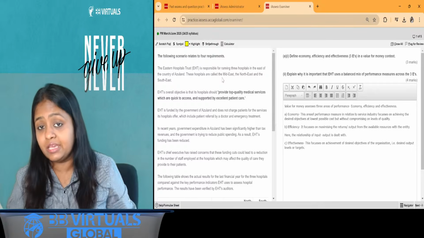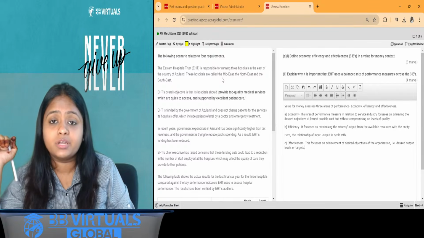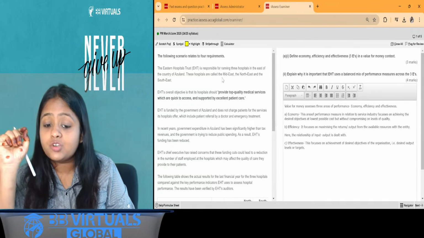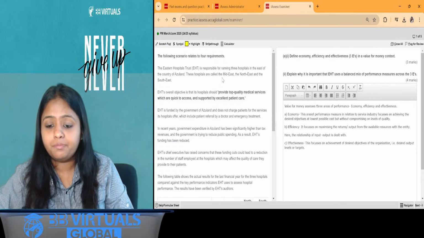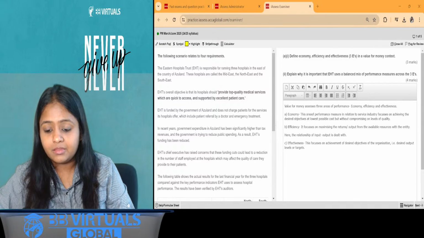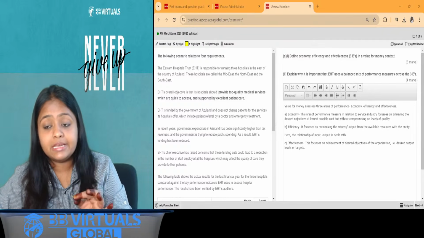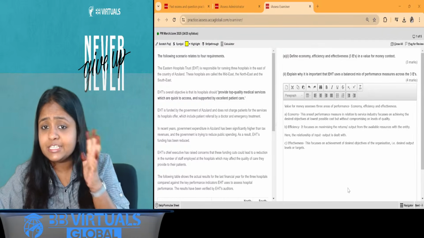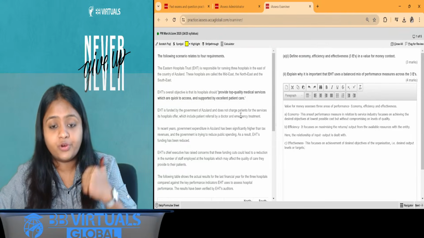That means, just see, for effectiveness we need this objective, right? The objective of the organization is to provide top quality medical services supported by excellent patient care. So you would need them when you're writing effectiveness, and these pointers should remain in your mind.